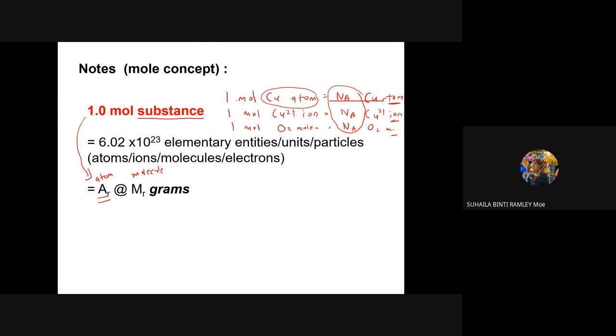For example, here we have 1 mole of copper atoms in gram. What is copper in the periodic table? 1 mole of oxygen atoms in gram equals 16 gram. So 1 mole of oxygen molecules in gram is 32 gram. So this one equals Mr, this one equals Ar.